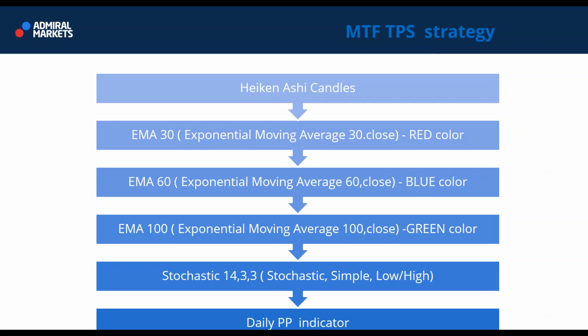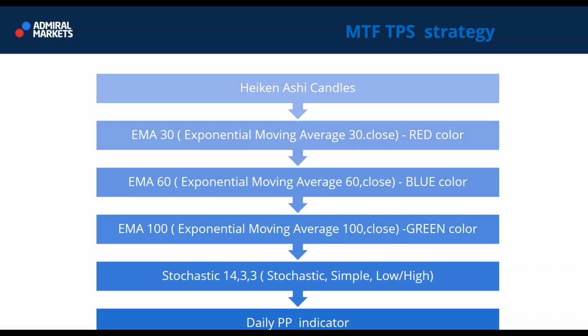You know that I also have been explaining about SMAs 30, 60, 100 or 30, 50, 100. It's very good in price action, but because Heiken Ashi uses a different calculation for the average of the price and candlesticks, well then, in my opinion, EMAs are better to be used with Heiken Ashi.